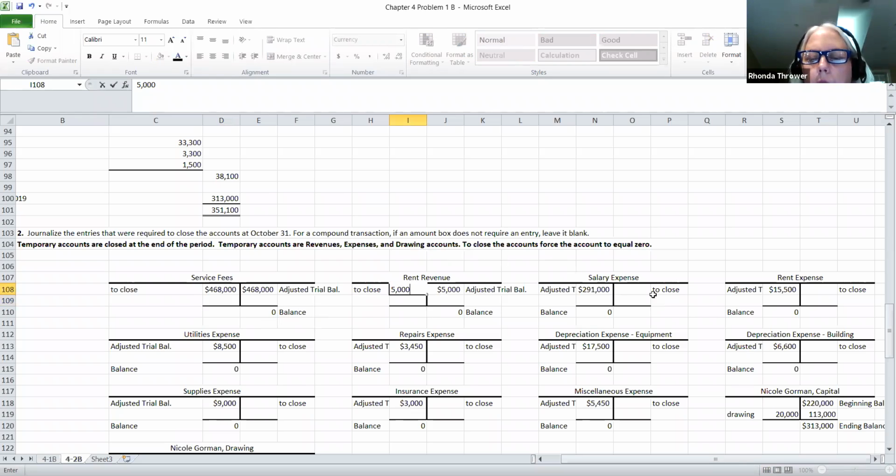We're going to also close out our expenses. And to close the expenses, you do the opposite of the increase side, which is the credit side. To close out your accounts, you put the same amount on the credit side, and you're just forcing these accounts to equal zero. So we're going to do that for each one of our expense accounts.